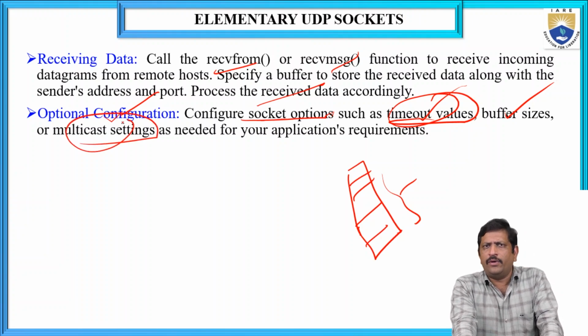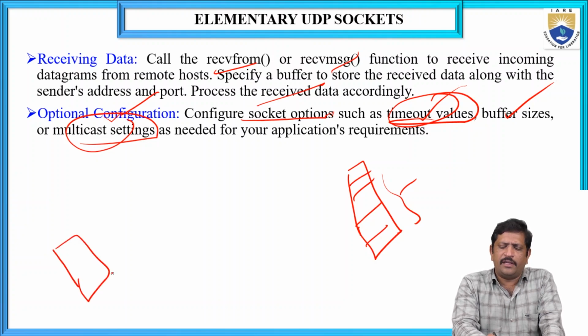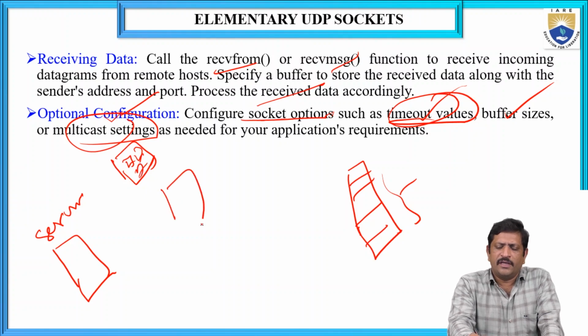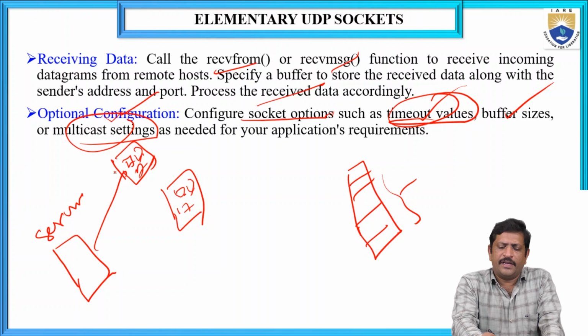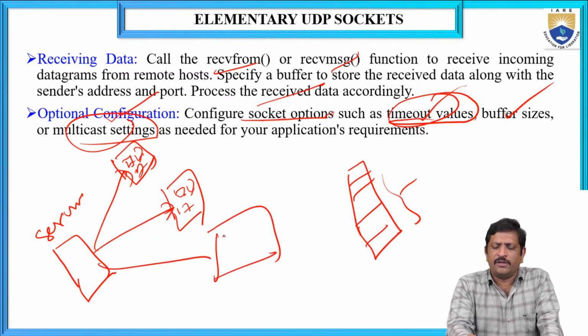How do we do a multicast setting? From one server machine, multiple groups of devices exist, and another group of devices as well. We send the message or information to the group of other devices.